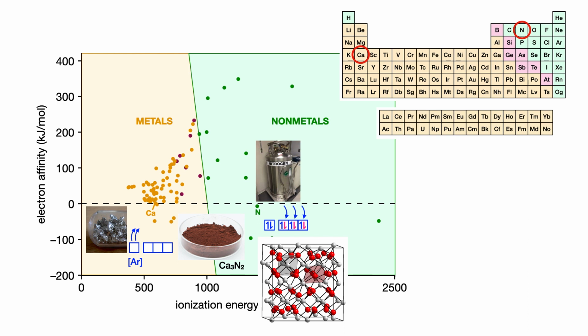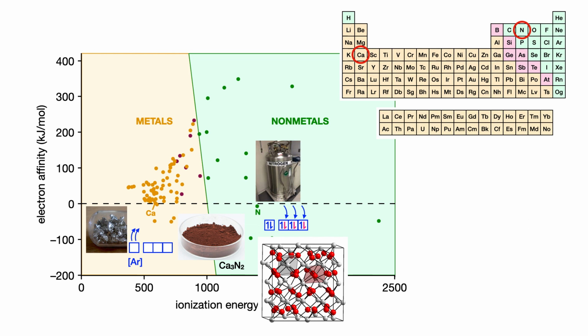And then nitrogen has taken on 3 more valence electrons, and so it now has an electron configuration that resembles neon. And so after this exchange of electrons to form ions, the calcium has ended up with a noble gas configuration of electrons, and the nitrogen has ended up with a noble gas configuration of electrons.